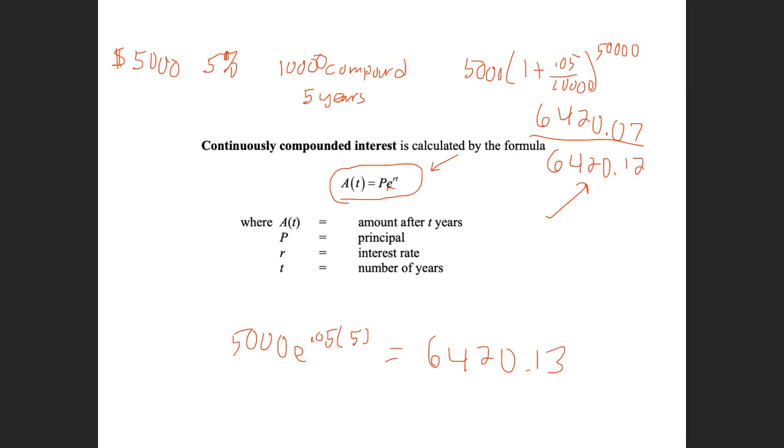So I came really close when I used 10,000 in there for the compounding. There has to be a limit, and this is the best you could ever get. Most banks do compound continuously nowadays. Back in the day, they did not, but nowadays most banks do, and you can ask your bank how many times they compound. But I think this is one of the coolest formulas there are. It's called the PERT formula.